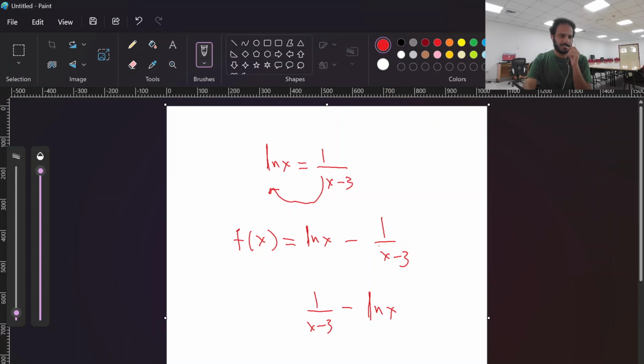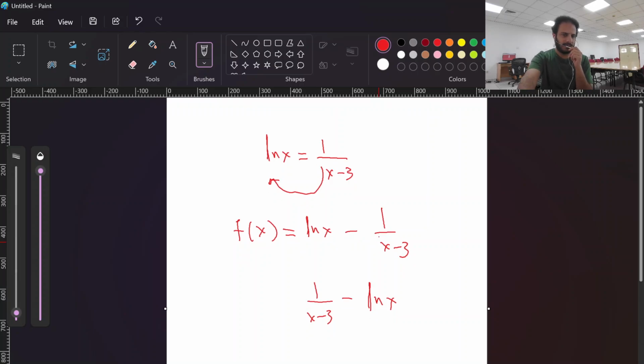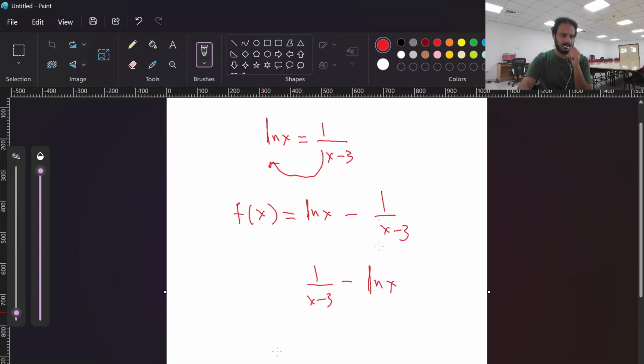What about if I do ln x times x minus 3 minus 1? So ln x, then what? Multiplication, into x minus 3? Oh yes, you can do that, but now it is more complicated.